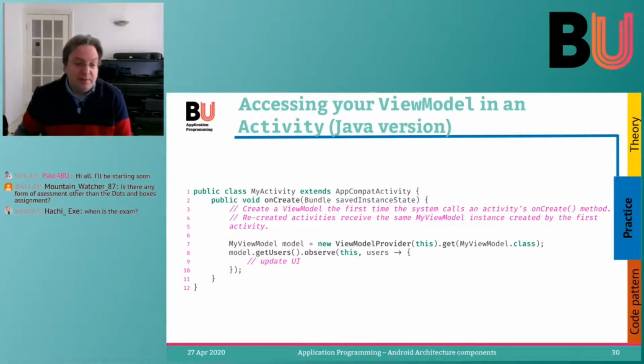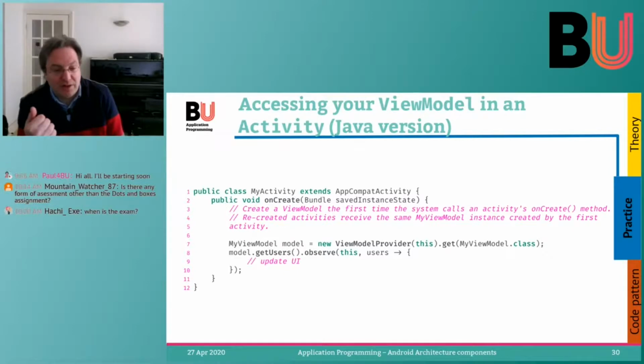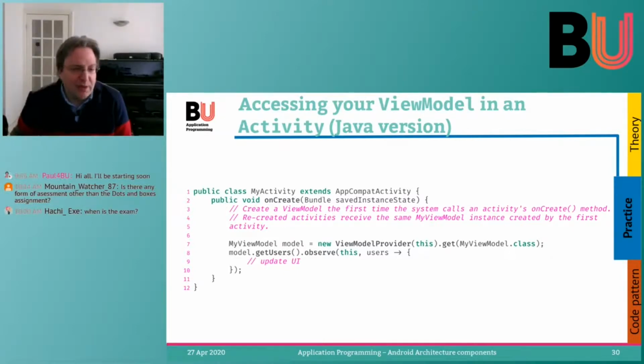In this particular case, you need to create a ViewModelProvider, and then based on that ViewModelProvider, you get an actual instance of that type. So it's a little bit more writing, unfortunately. And then you can basically do the same thing with Java lambdas. So that's how you do it in Java. Kotlin is nicer.